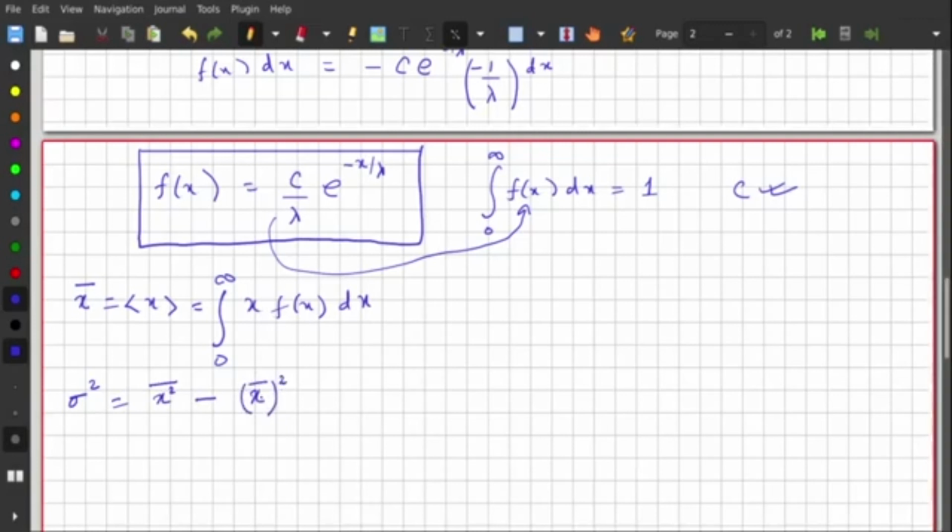So all these quantities can be computed. The second moment is the integral from 0 to infinity of x squared f of x dx. Okay, so that's the crux.